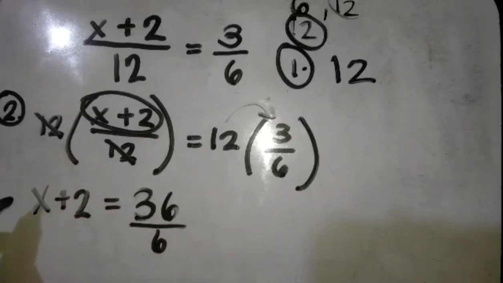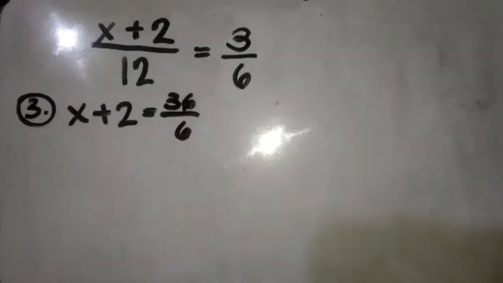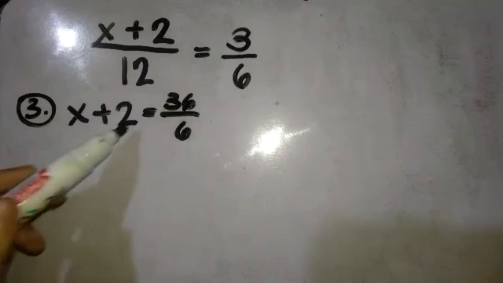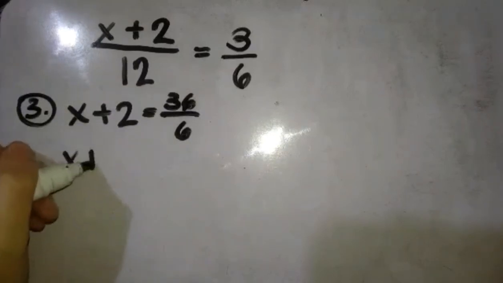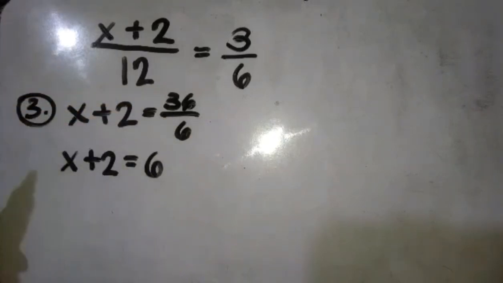We will just copy the denominator. Next, we will just simplify it. x plus 2 is equal to 36 over 6. And we will just divide this. x plus 2 is equal to 36 over 6 equal to 6.